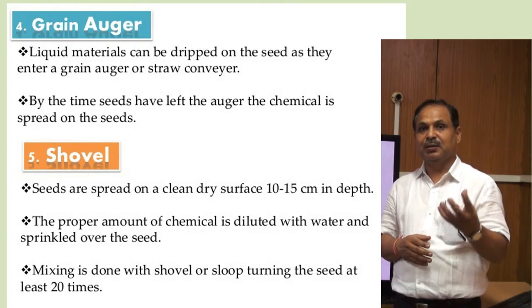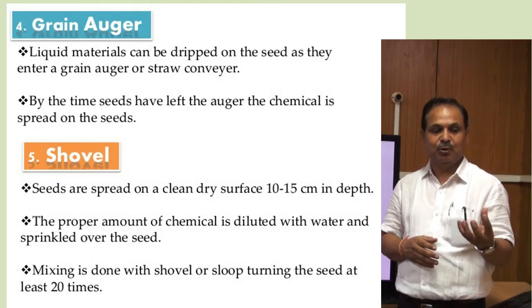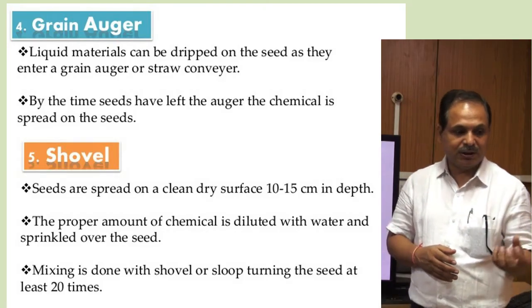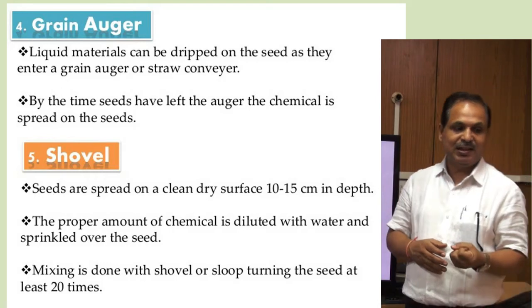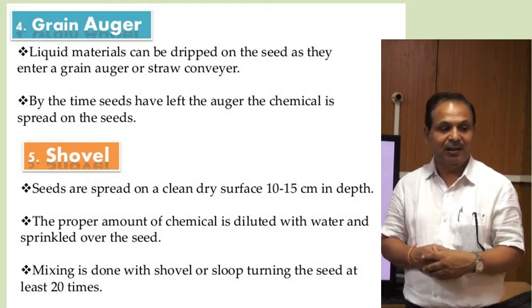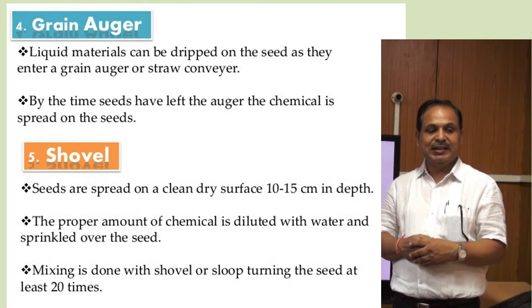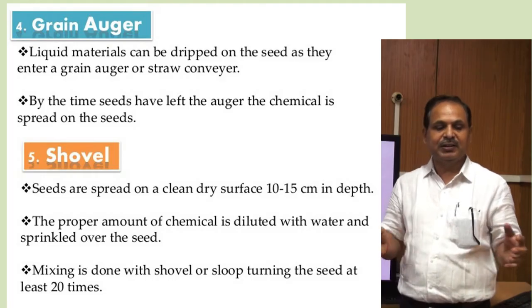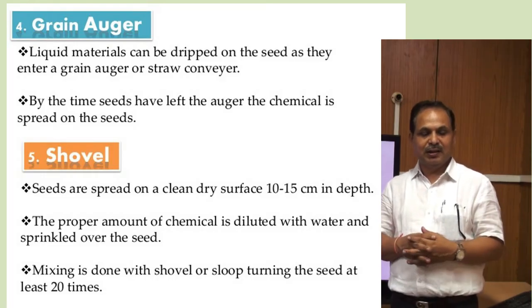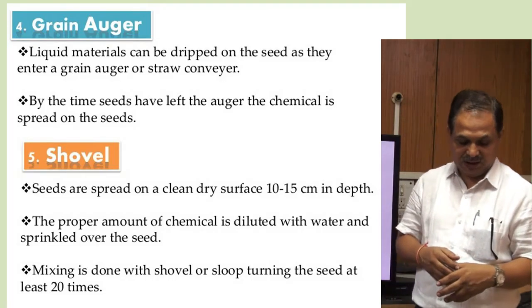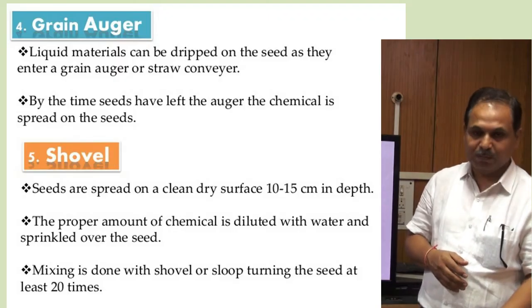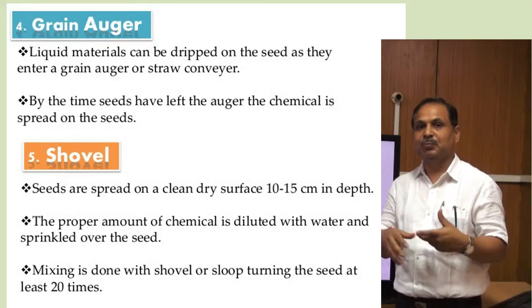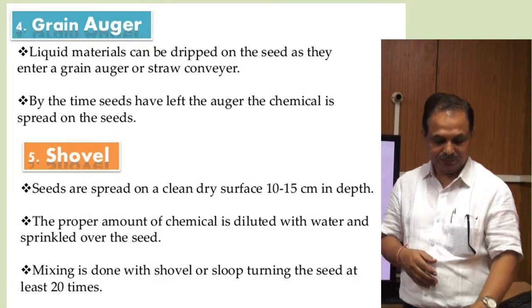Whatever suspension or mixture is created with the treatment and water, it is sprinkled over the seeds. Mixing is done by turning the seeds all around about 20 times. It is very essential for proper mixing of the chemicals with the seeds.